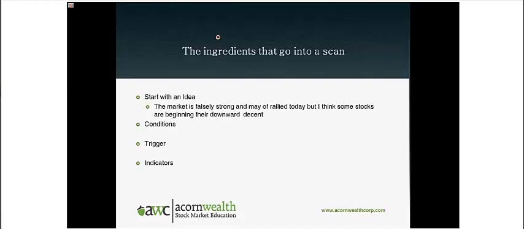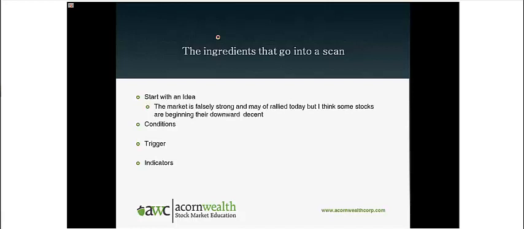So let's start with an idea. Let's say that we're looking at the fact that the market may have rallied today, but we think that some stocks are beginning their downward descent. So let's say that that's the idea that we want to come out with.